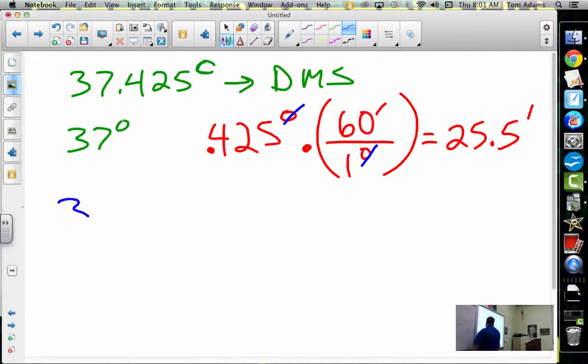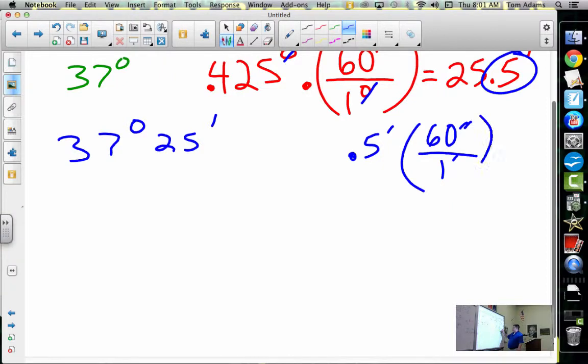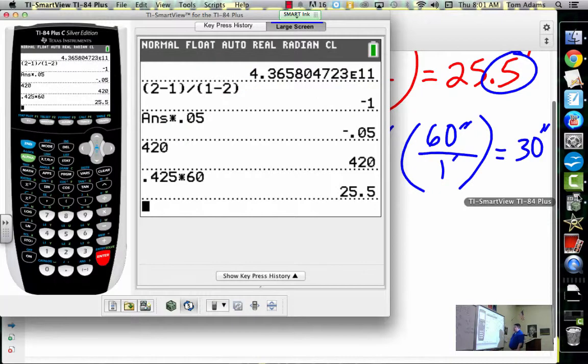So right now I'm at 37 degrees, 25 minutes, and then I have to convert this 0.5 minutes. To convert the 0.5 minutes, this is the next thing I do. I'm going to say 0.5 minutes times 60 seconds per 1 minute, which is, what's half of 60? 30. You say, well, I don't know, Mr. Adams.